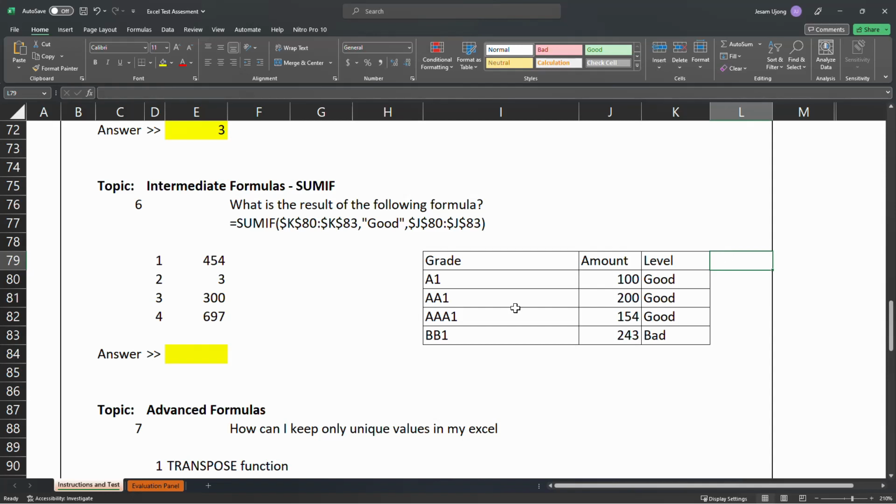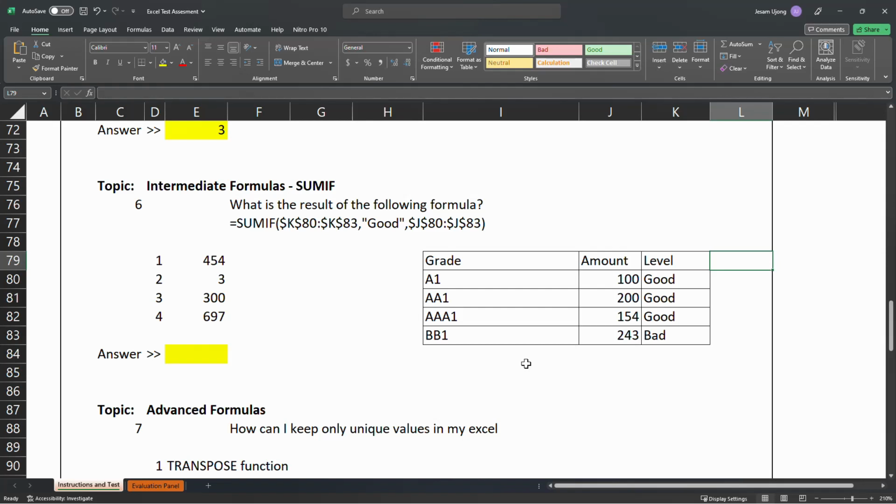Okay, we're to sum the total, as in get a value for the sum total of values. Sum and total are the same thing, right?